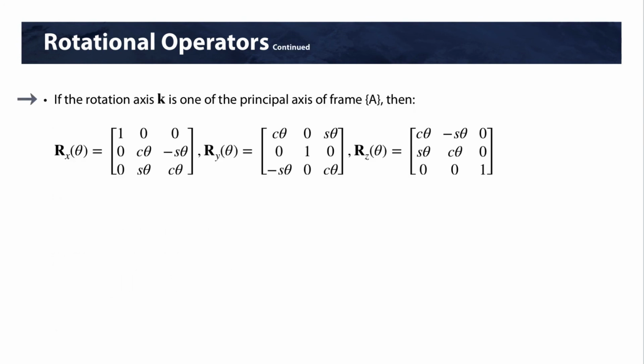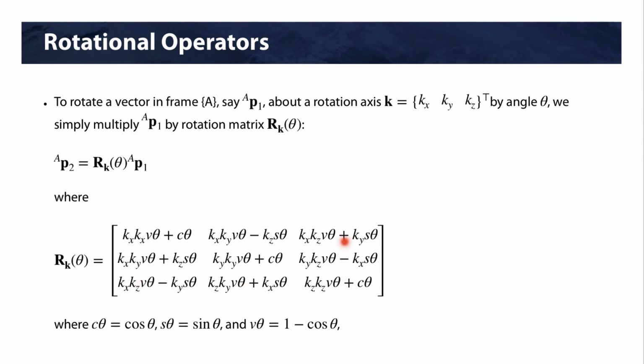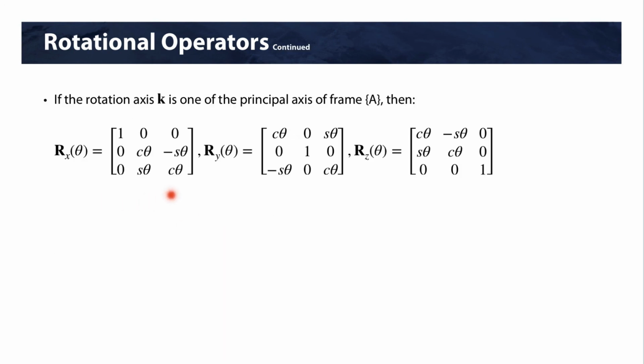Now, if the axis we're rotating about, K, is one of the principal axes of our frame, meaning it's either the x-axis, y-axis, or z-axis of frame A, our matrix reduces down to one of these forms.